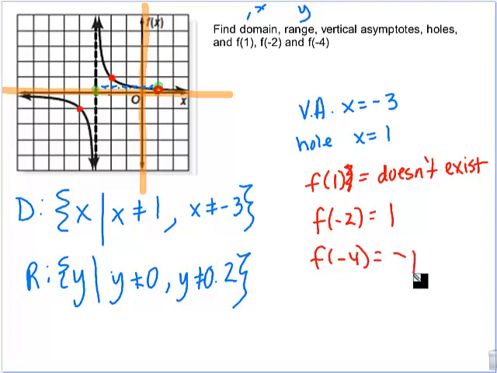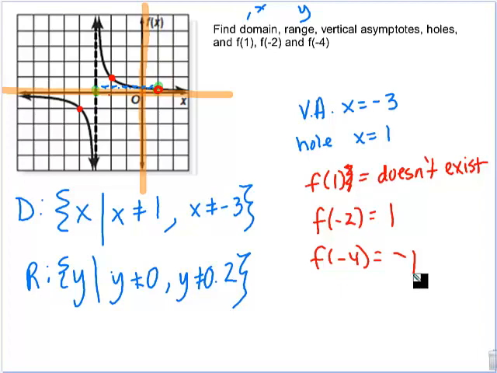Negative 1. Is that okay? Make sense? So for f of negative 4, you always look at the x, because that's our f of x. How'd you get that 1 doesn't exist? We went over to 1 and we saw that that's where our hole was. So there isn't a graph there, so it doesn't exist.